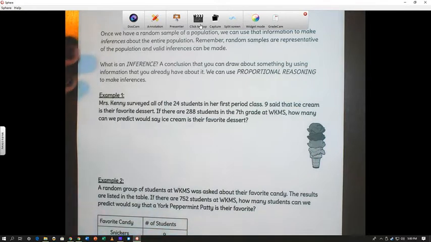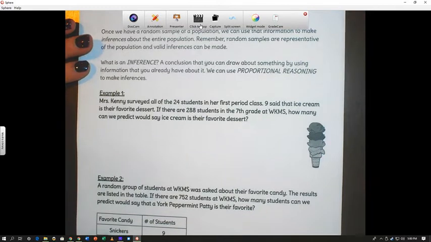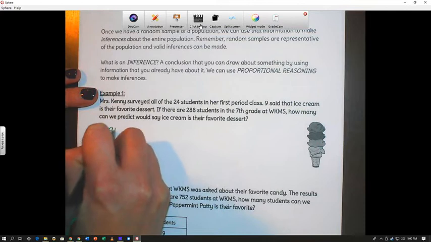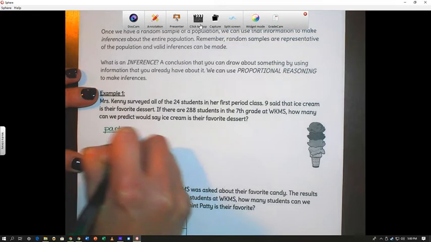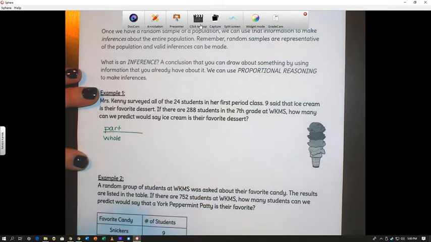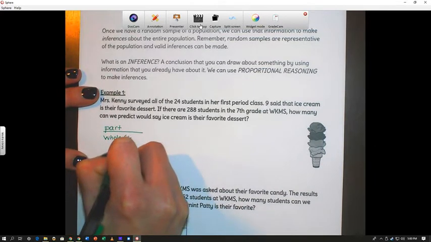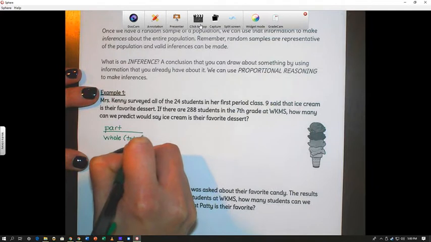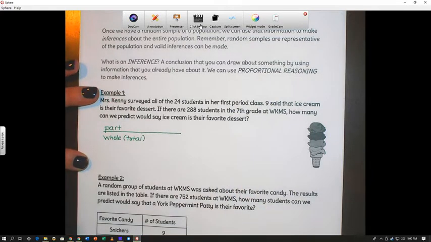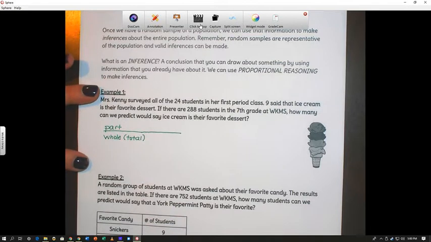And so I'm going to set up a ratio table. I'm going to label it first with part and whole. The whole is going to be the total number of students. And then I'm going to fill in this ratio table using the information provided.